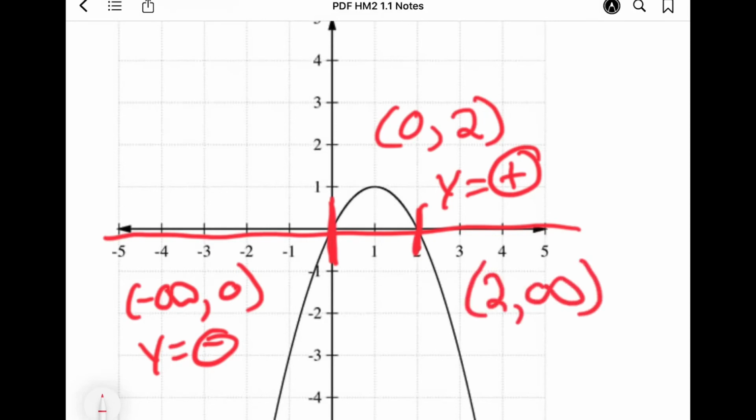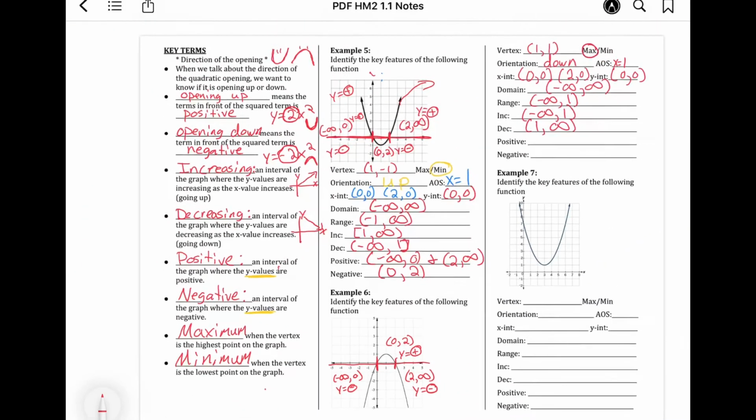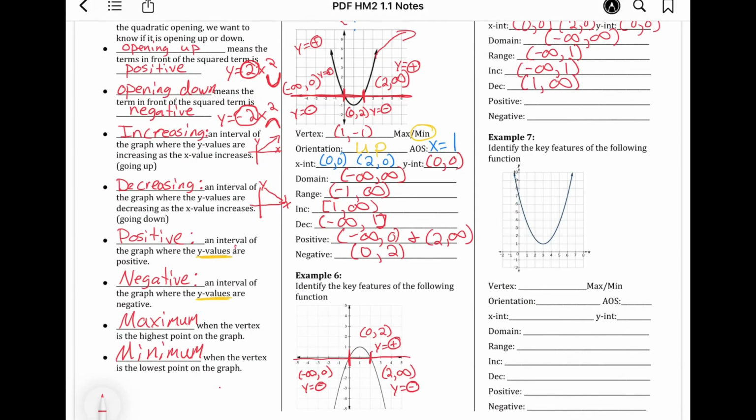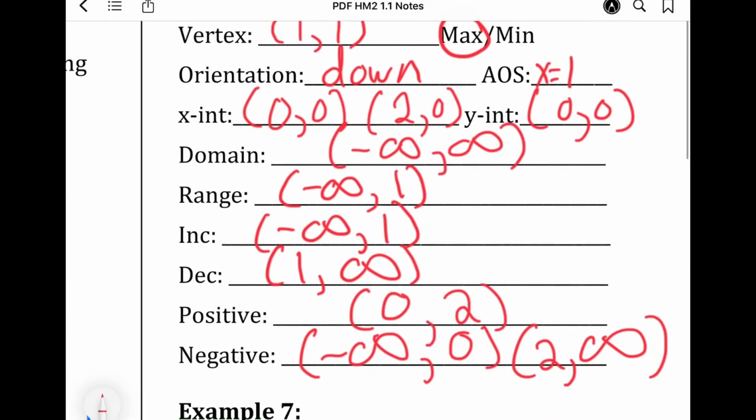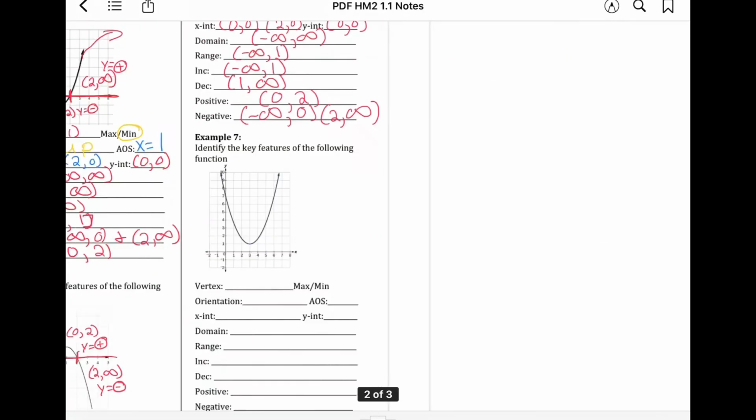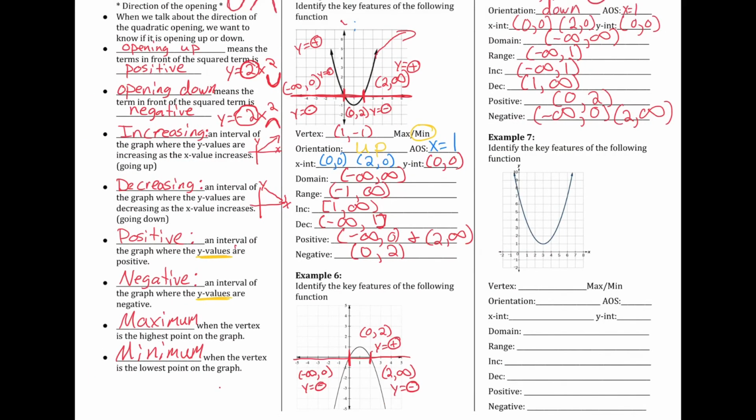And from 2 to positive infinity, our y's are negative. So when it's positive, we've got 0 to 2. And when it's negative, we've got negative infinity to 0 and 2 to positive infinity. So those would be your answers for example 6.